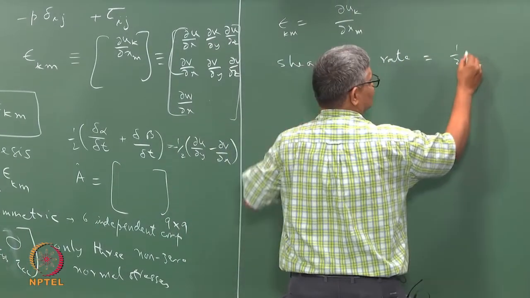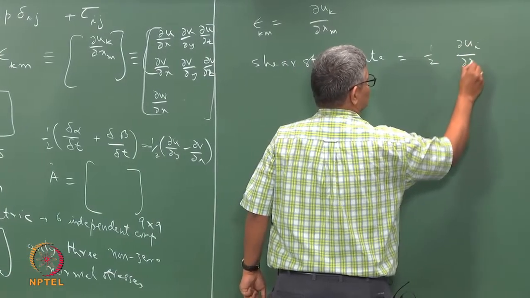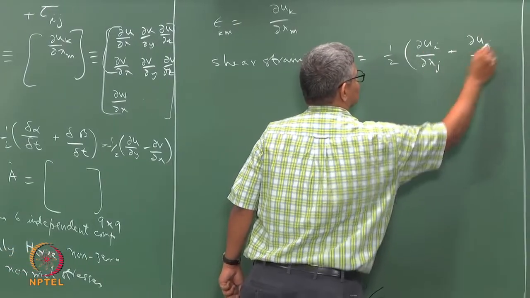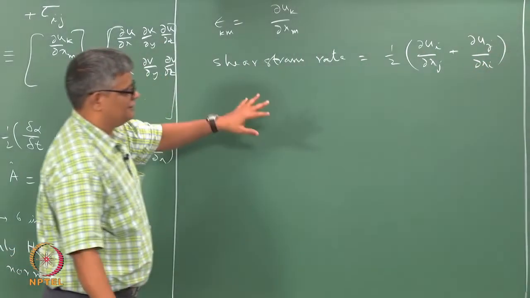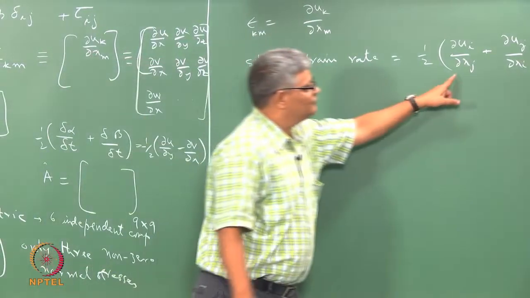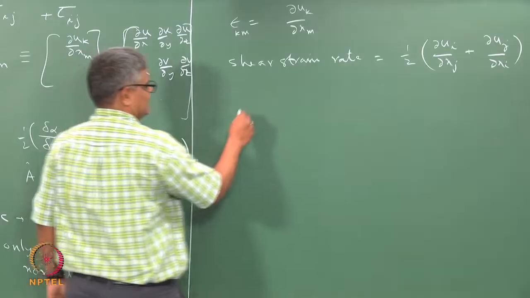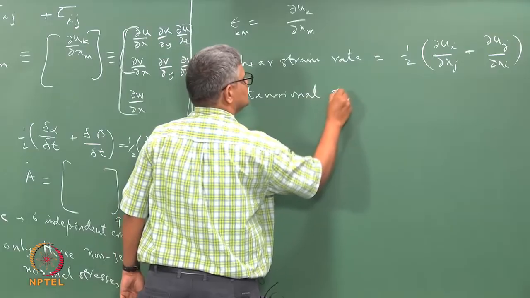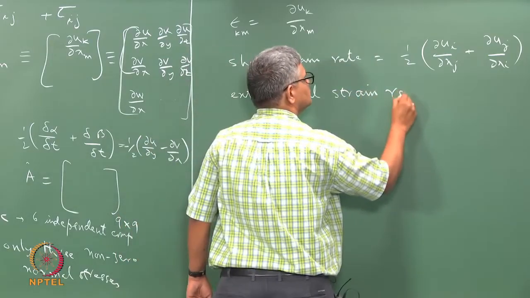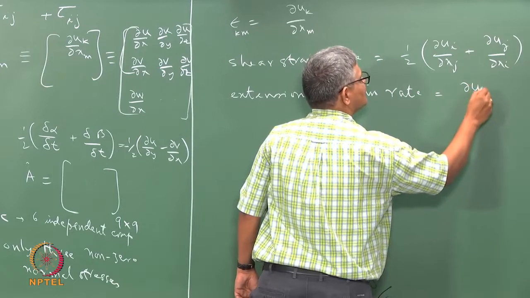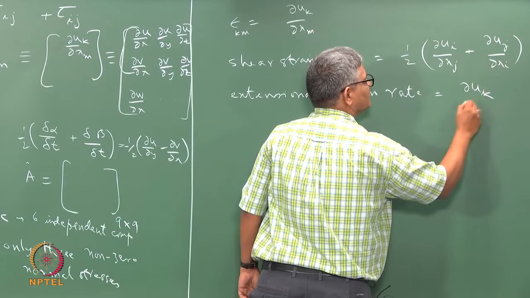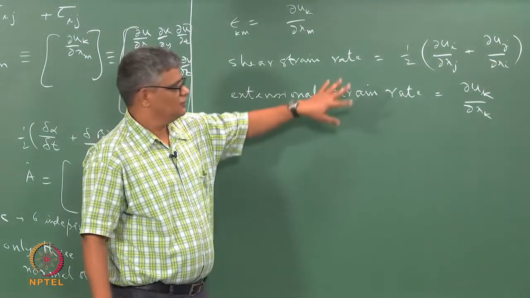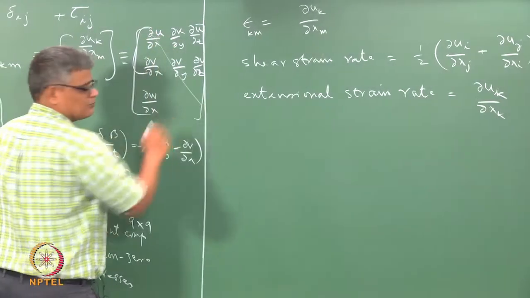Okay. So the shear strain rate is expressed as half of dou u i by dou x j plus dou u j by dou x i, in the general case, and we can see that this is symmetric. And extensional strain rate is dou u k by dou x k. So that is dou u by dou x, dou v by dou y, dou w by dou z, and those are these components here.